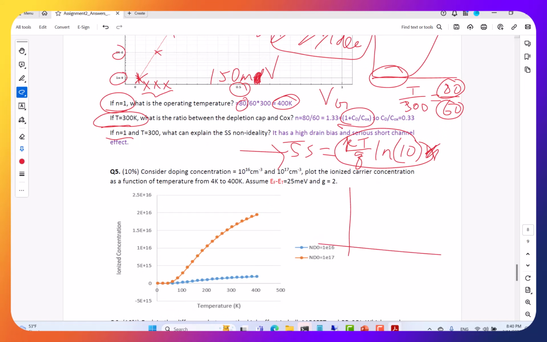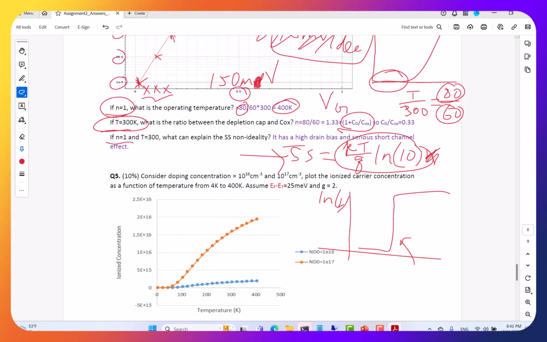If this is a log scale, if I have something like this, what is the subthreshold slope of this guy? Huh? Yeah? Who agree with who? He says 0, you say infinity. Now, by definition, what is subthreshold slope again?